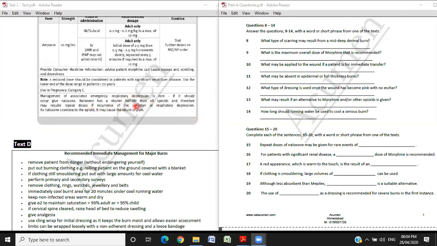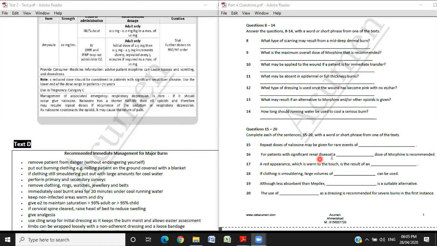One says you may need to give a repeat dose if there is sedation or respiratory depression. But the question is asking rare. So you need respiratory depression. If you have written sedation, it is wrong. If you have written sedation and respiratory depression, it is wrong. You just need respiratory depression because it says rare events of. Sedation is not rare, respiratory depression is rare.